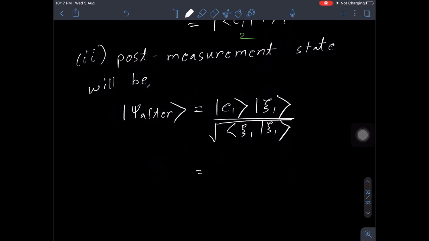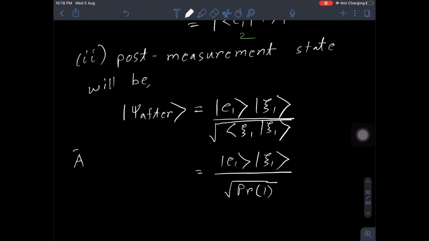So the new state will be E1 xi1, and you have this square root of the probability of 1. If you're confused with the square root, let me give you an example: if you have some vector A and you want to normalize it, you have to divide by the modulus, right? And how do you calculate the modulus? You calculate the modulus with the square root of A dot A, right? So this thing is like A dot A, and then you have to take the square root. All right, so this is the idea.